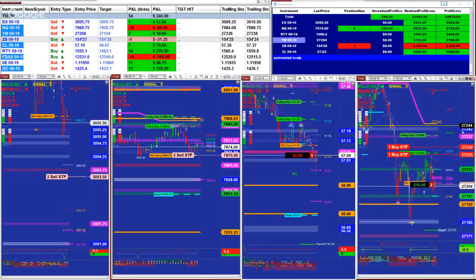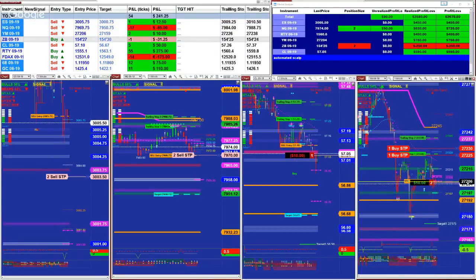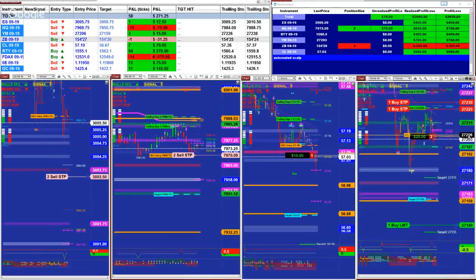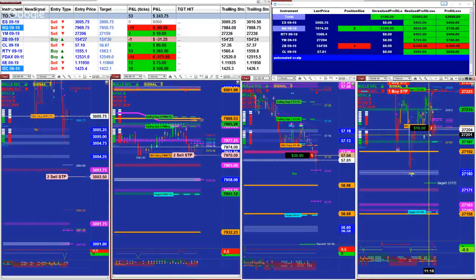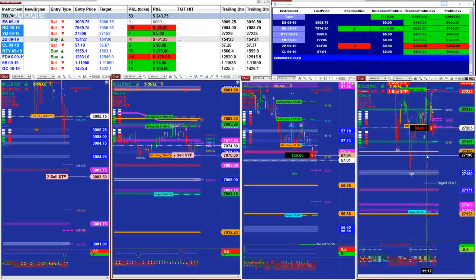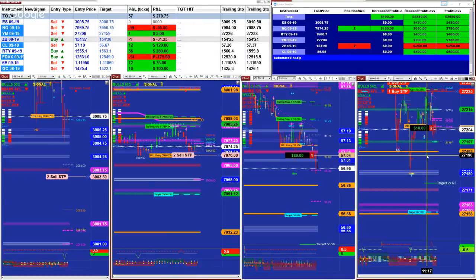Look at this now. If you noticed, Ernest, look how those numbers or those lines are extremely close to each other. Look at this. You see, on the YM, this is very tight when the numbers are getting very close to each other.